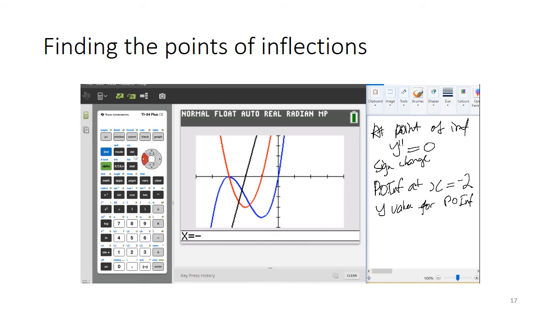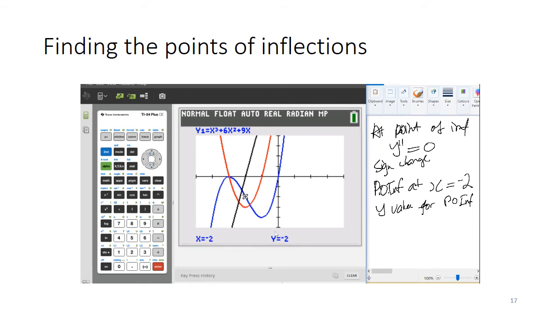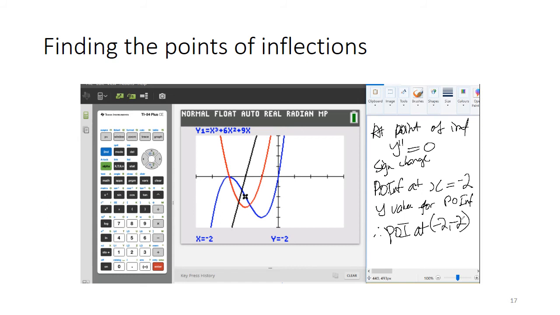Sorry, that was a minus. So -2. Go enter. And the y value is -2. So we know, therefore, the point of inflection is at x equals -2, y equals -2.